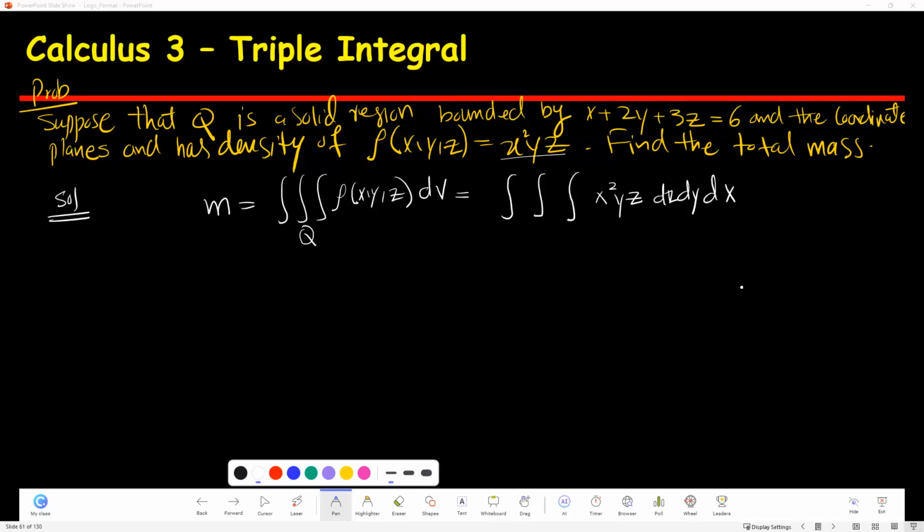Here I'm going to write the equation of the bounding region. The equation of this side is given: x plus 2y plus 3z equals 6.